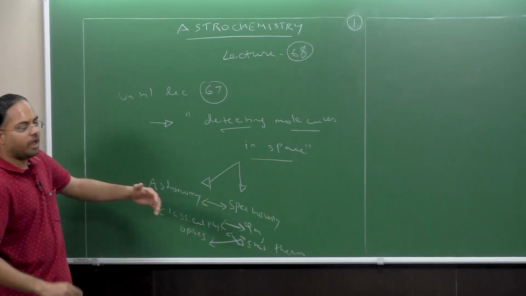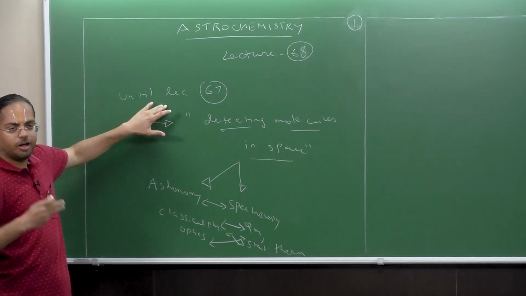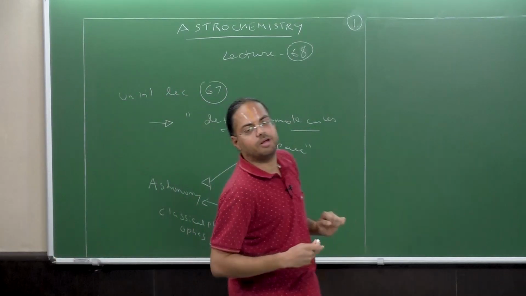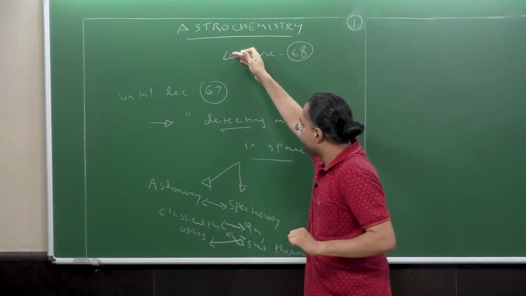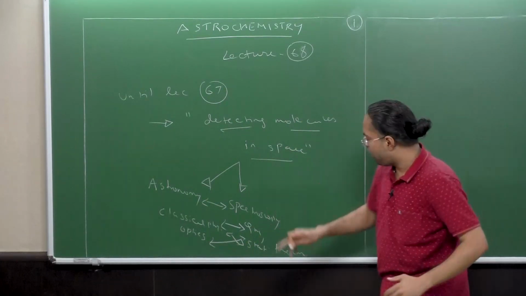If you go to the very first lecture, I was telling you that astrochemistry is a highly interdisciplinary science, and so understanding astrochemistry requires understanding in great depth all these subjects.